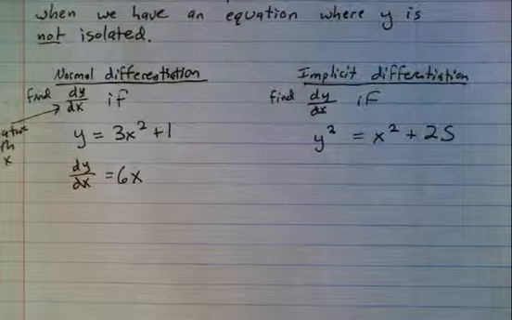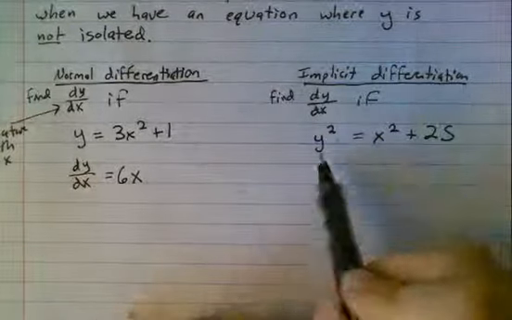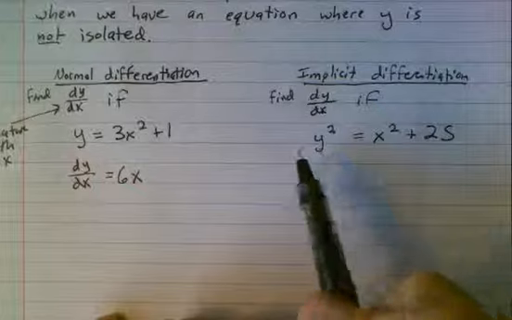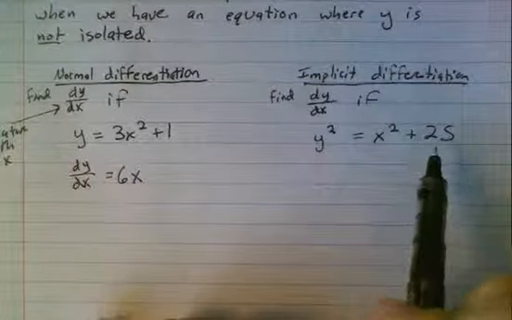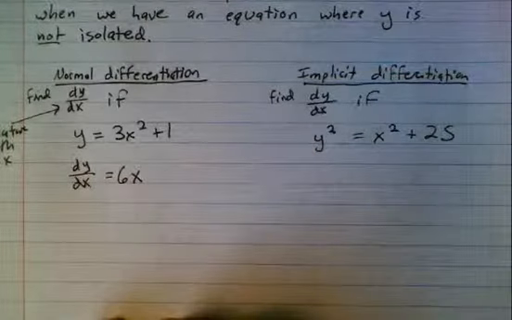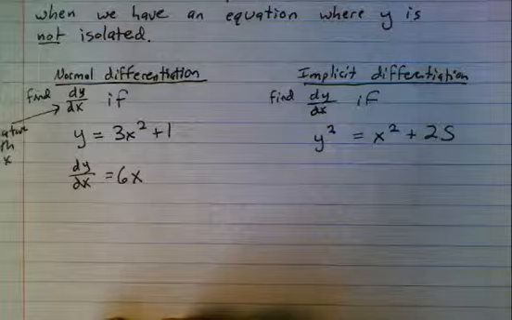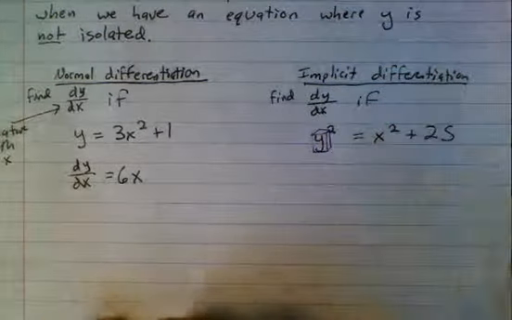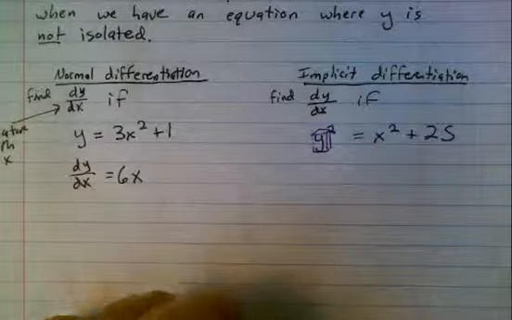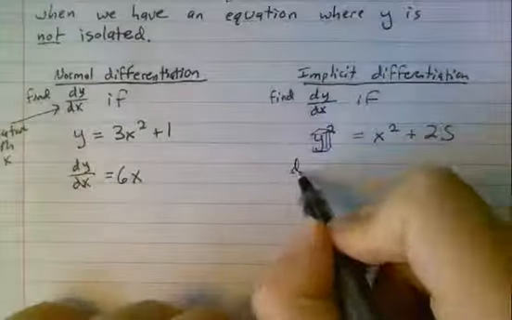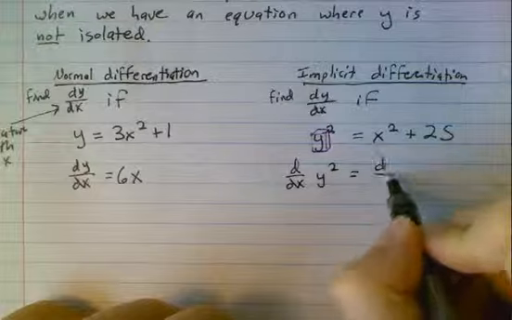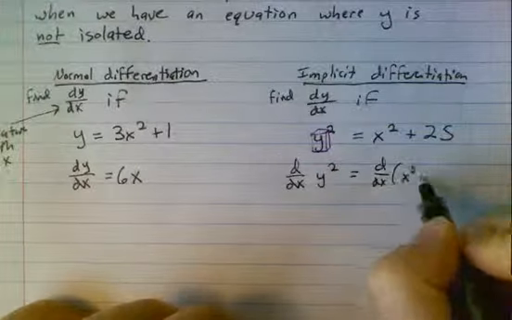What happens in implicit differentiation is if we don't have y isolated, we're going to imagine ourselves taking the derivative of both sides of the equation. And if we ever have a y, that's an automatic box function. So we're going to do the derivative of y squared equals the derivative of x squared plus 25.